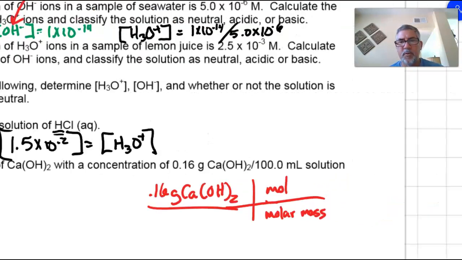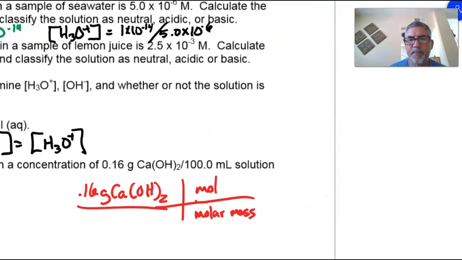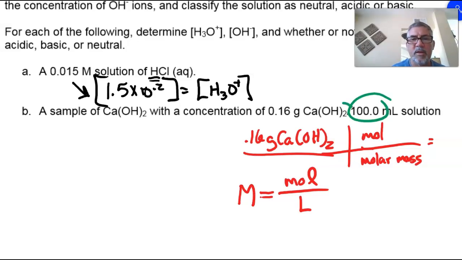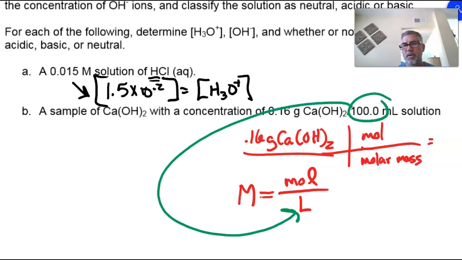I'm going to move this over a little bit so I can finish talking to you. Actually, I'll just move it up here. So this will give you moles, and then we have to go to molarity, which is moles over liters. So you're going to have to change this into liters and put it down there. And once you do that, you can do it the same way as the other one.